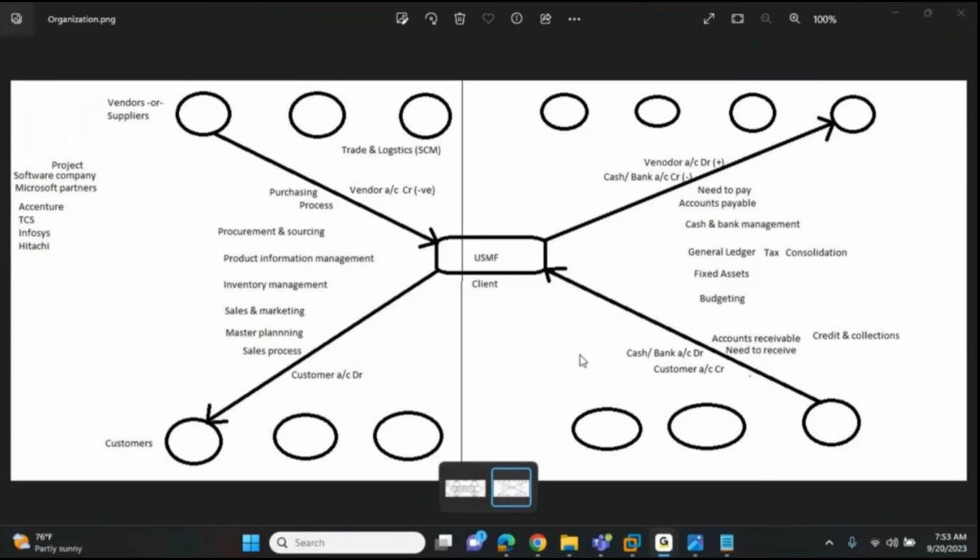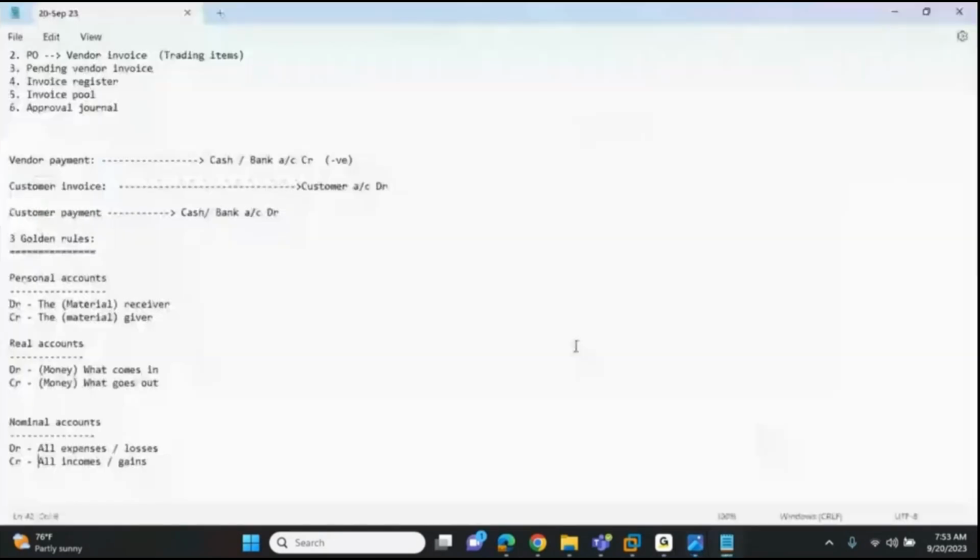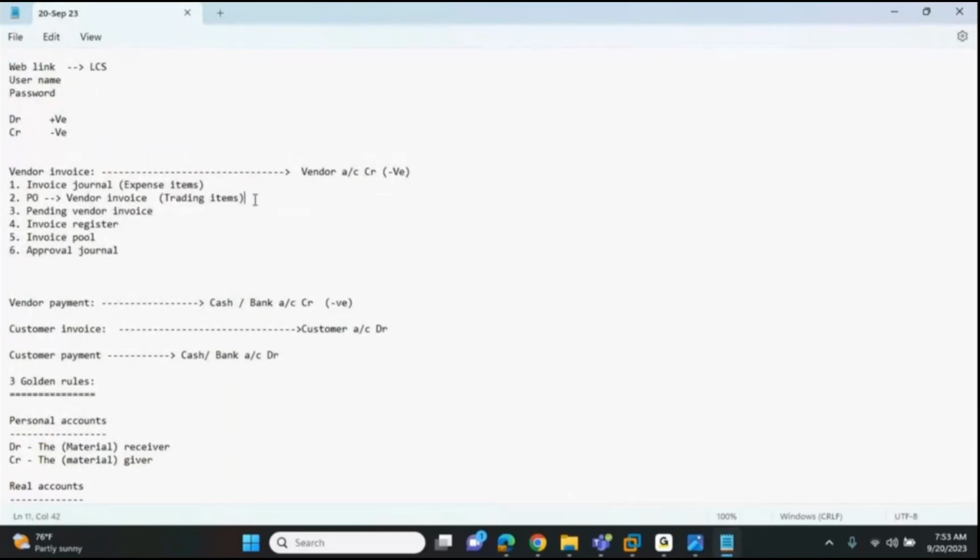I have a question. Can we use this invoice journal for the purchase order or not? For purchase orders there is another function, because as I told you, for trading items we need the item master, since we need to track how many were purchased and how many sold.